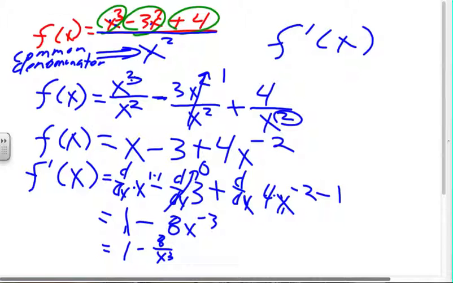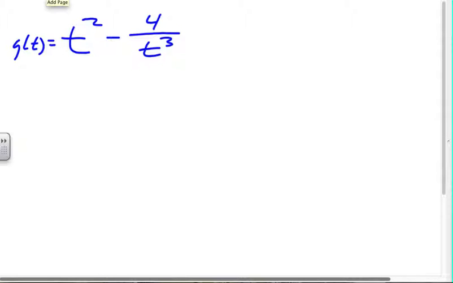Let's work another example. I've got g of t will be equal to t squared minus 4 over t cubed. Okay, so what are we going to do with this thing? Well, we want to find g prime of t.